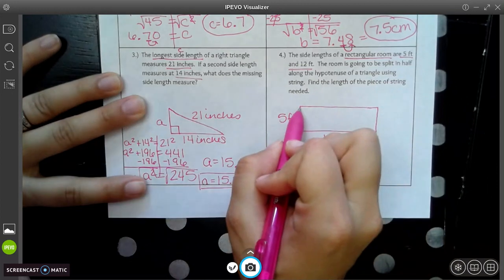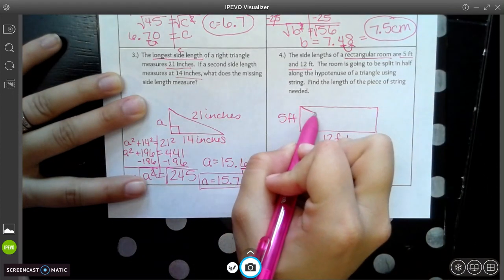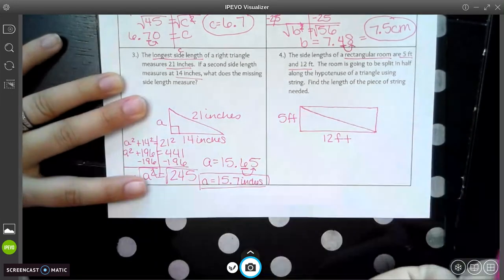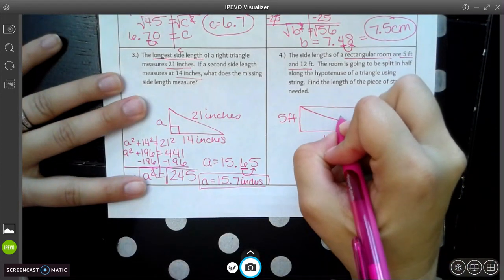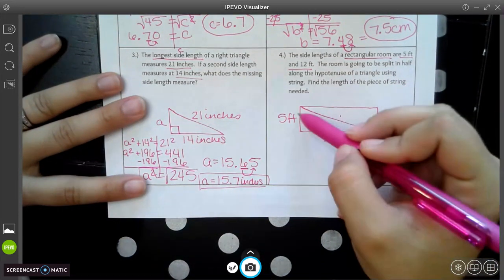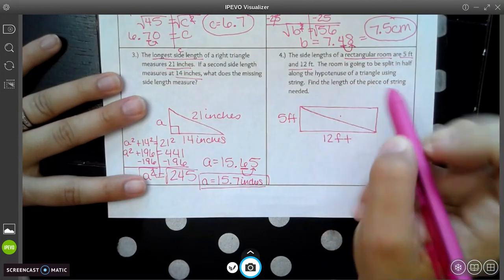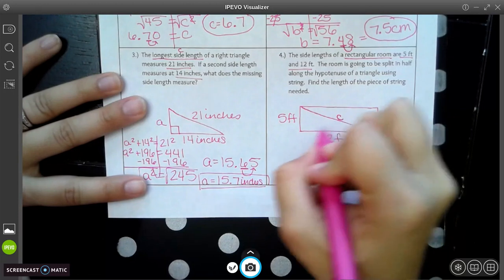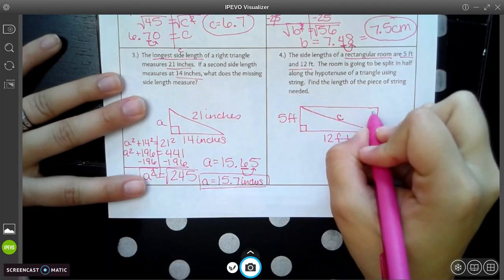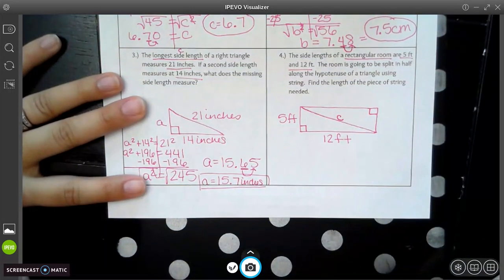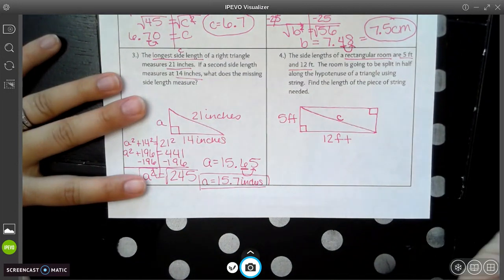So we have to form a triangle. So that means the diagonal here, using string. So this is going to be our piece of string. It says find the length of the piece of string. So this is what they want to know. Since this forms a 90-degree angle in the corners, our unknown is our hypotenuse.